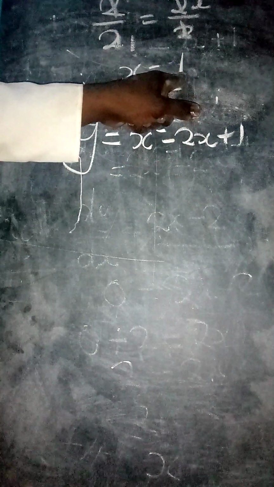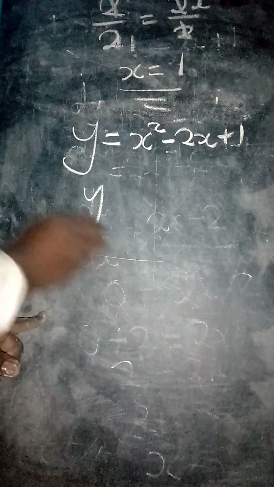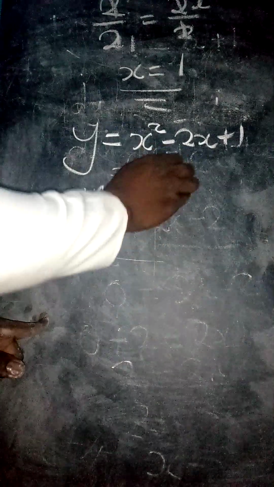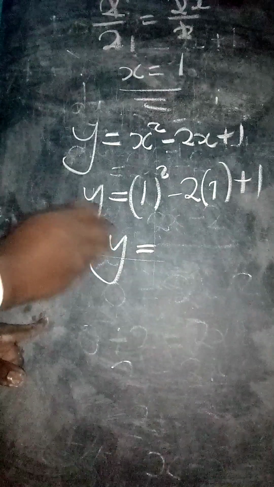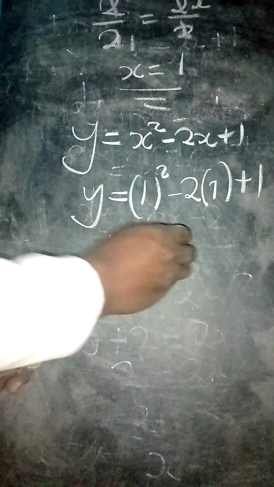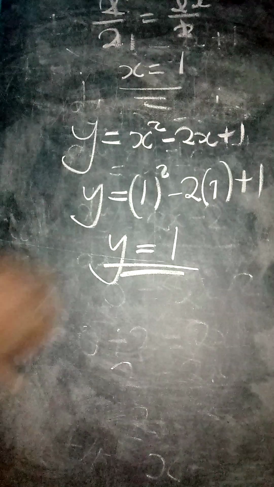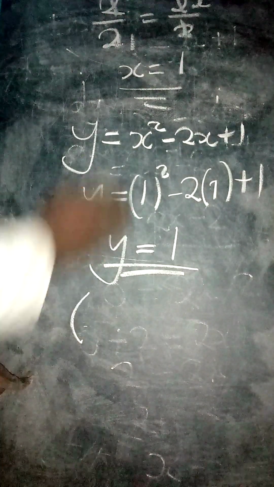So where there is x, you substitute x, you replace it with 1. So y equal to 1 minus 1 plus 1. When you calculate everything, this is paper 2, you can use a calculator if you want, there's no problem, it is equal to 1.